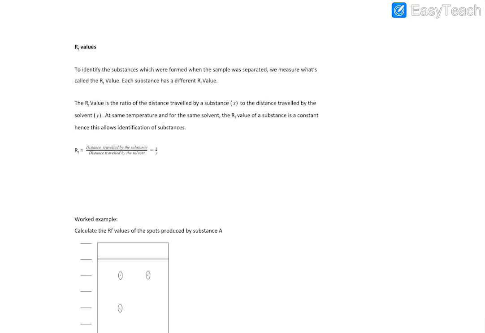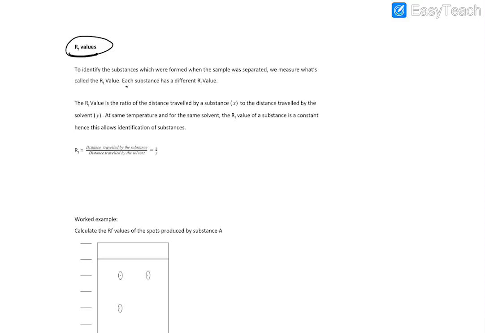So then the use of the RF value becomes important, and it is a numerical analysis, a quantitative analysis of a chromatogram that allows us to know if 2 substances are the same.